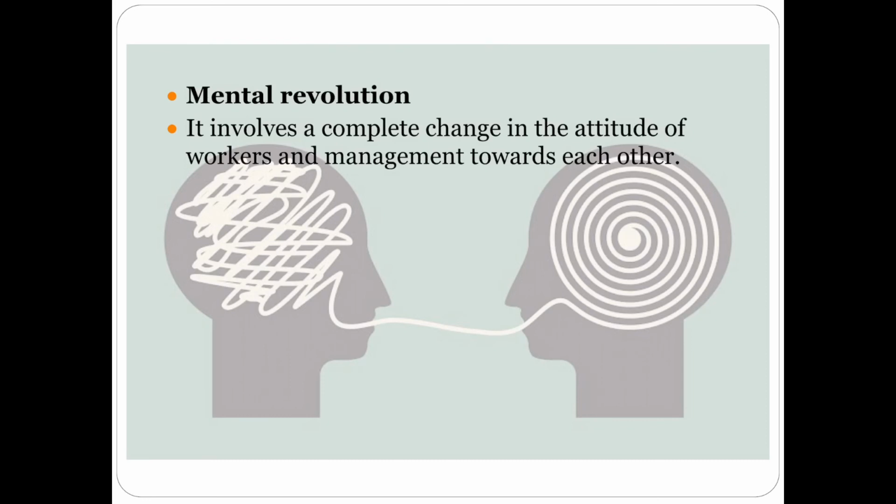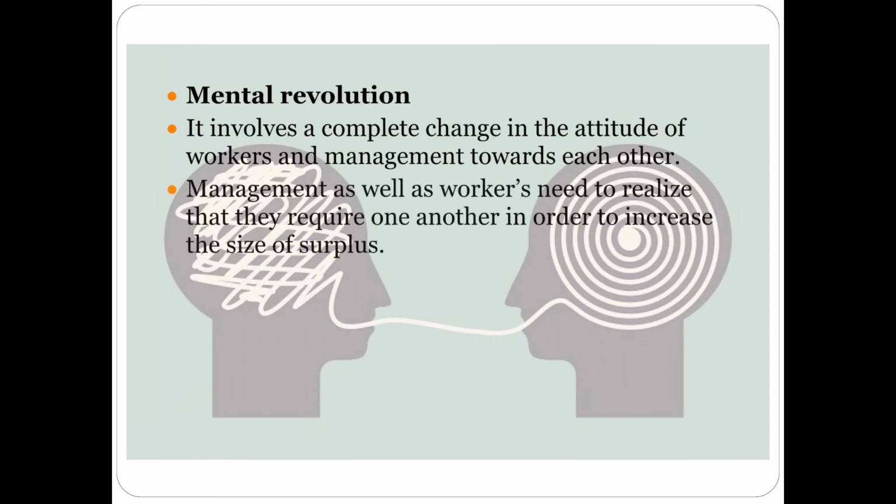The way the worker thinks is different and the way the management thinks is totally different. But the principle of scientific management says that there has to be harmony, not discord, cooperation, not individualism, isn't it? And you observed that there is a need of both workers and management in order to reach the goals of the organization.